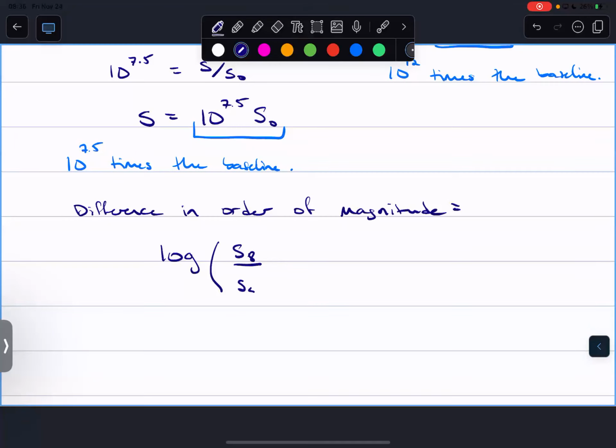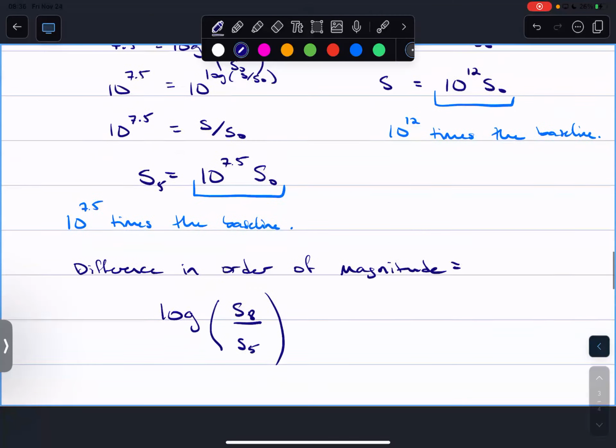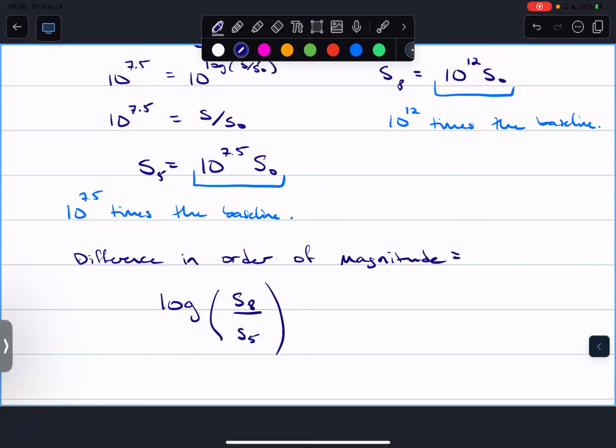I'll denote here, this is S5 and this is S8. Usually if I've solved for the same thing, but for different groups, I just put little subscripts on. So now this is the same as the log of 10 to the 12 times S0 divided by 10 to the 7.5 times S0.